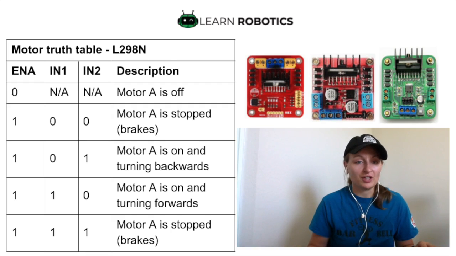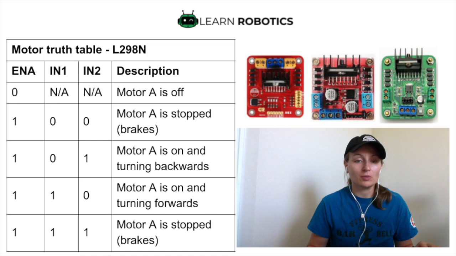Now we'll take a look at the second row in this table. Motor A is stopped. To stop the motor, we enable motor A, then set input 1 to 0 and input 2 to 0. To turn the motor backwards, we set enable A to 1, input 1 to 0, and input 2 to 1.